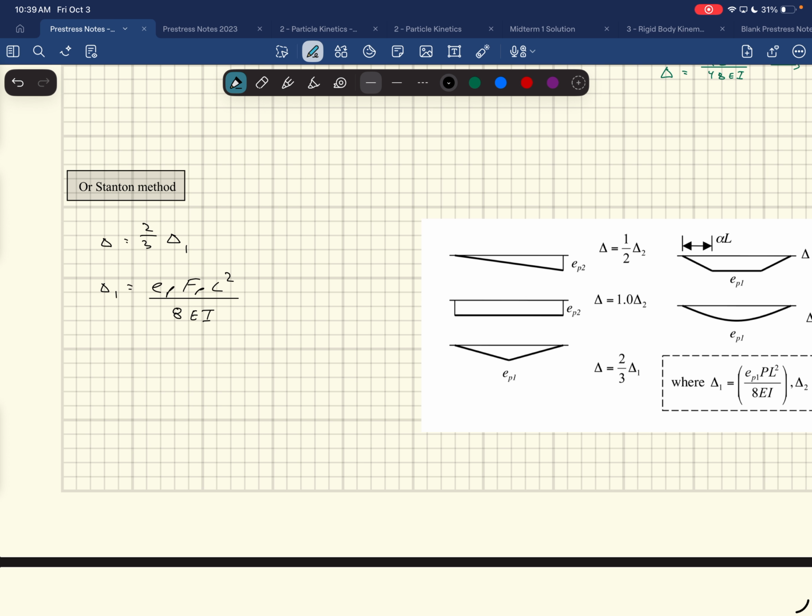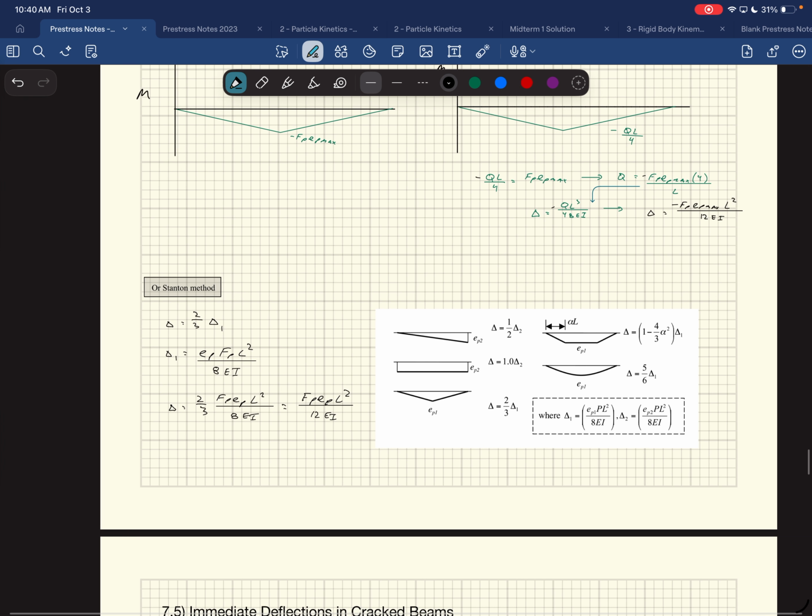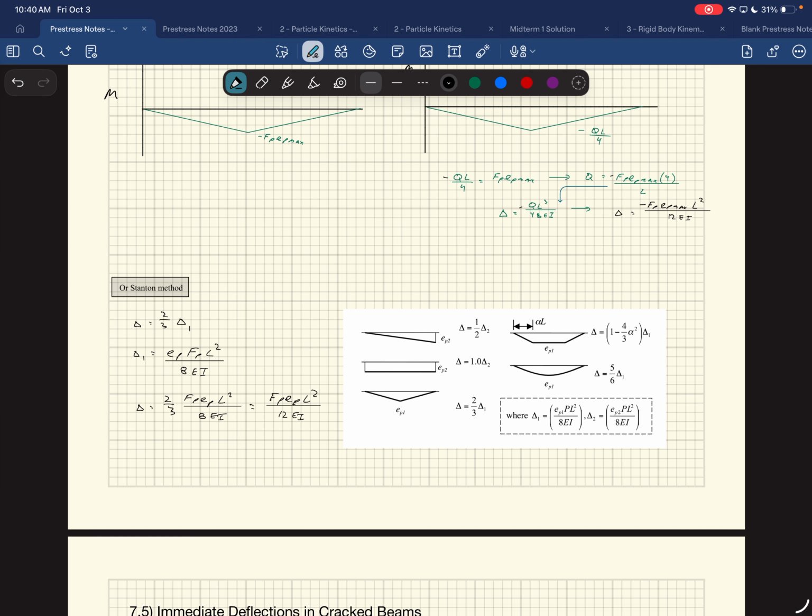So that's delta 1, and then I do 2/3 of that. Delta is equal to 2/3 of FP EP L squared over 8 EI, and that ends up being what we had up above: FP EP L squared all over 12 EI. Same answer. So that'd be negative as well.